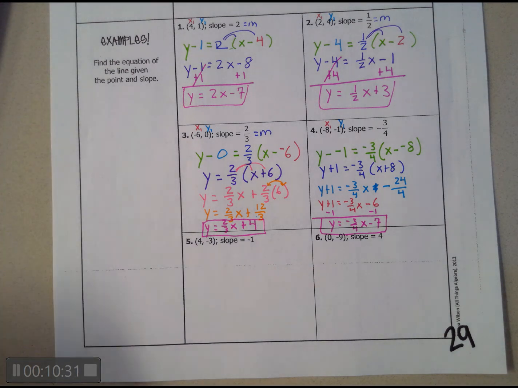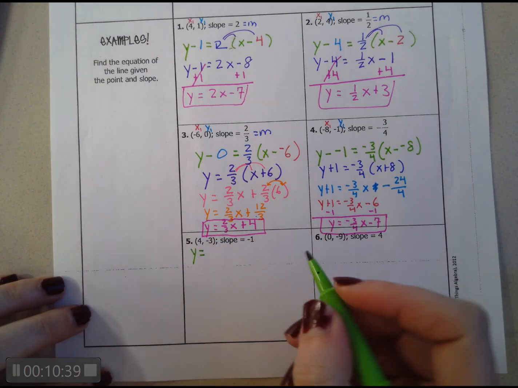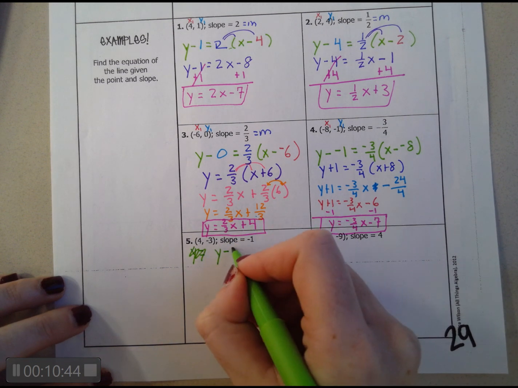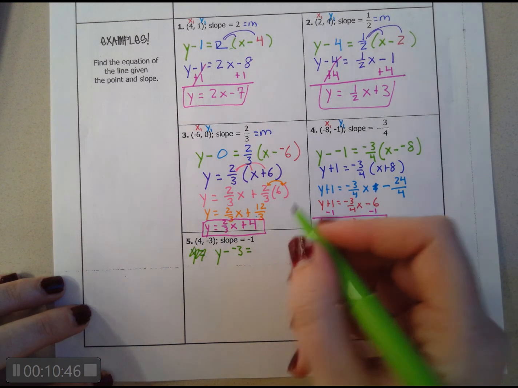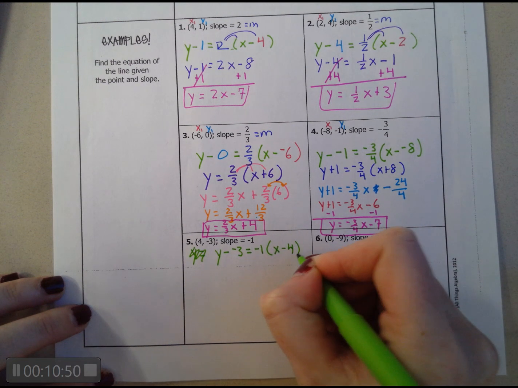Alrighty. And I'm not going to label x and y this time because I think you guys have got it. Or at least I hope you do. So y minus negative 3 equals negative 1 times x minus 4.